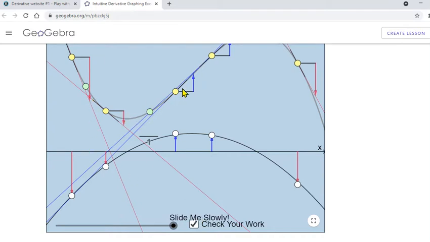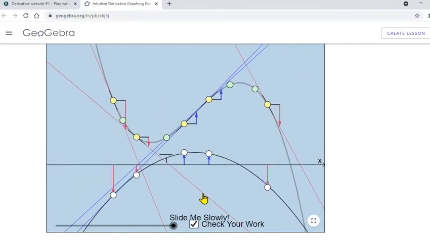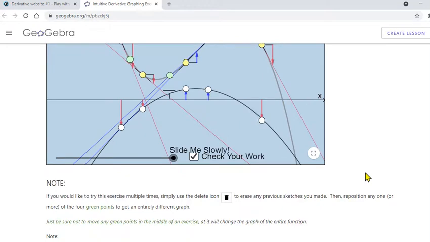So I did pretty okay with each of these. It shows you the rise and the run, and it shows you the equation of the derivative. I think that's kind of cool.